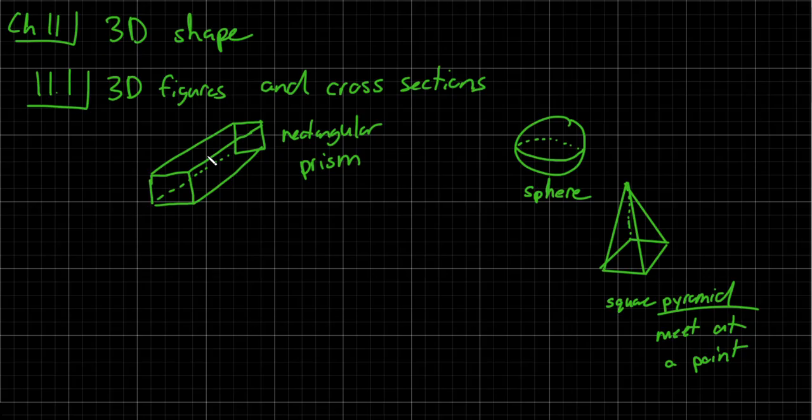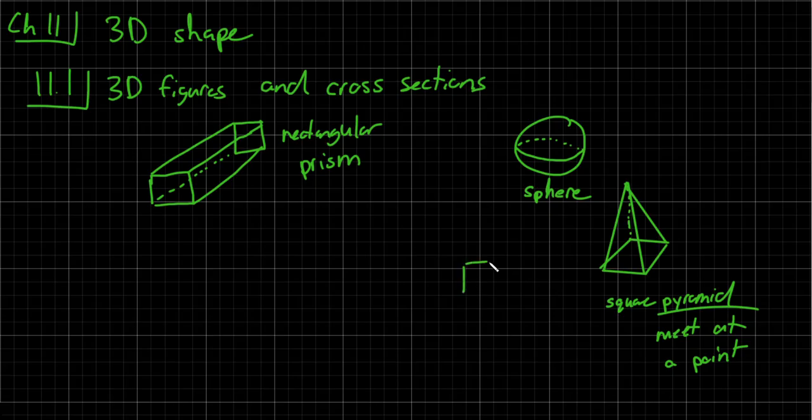Vincent, give me another shape. Any 3D shape you want. A what? Square is 2D. If I did a square in 3D, I would have a cube.